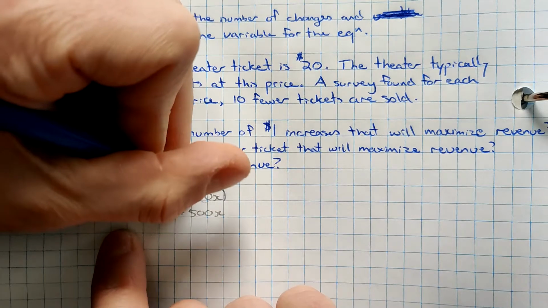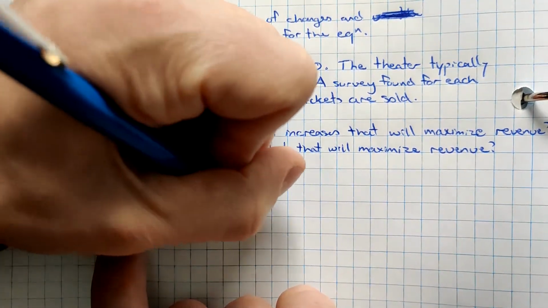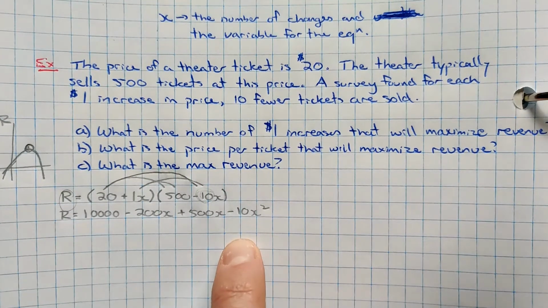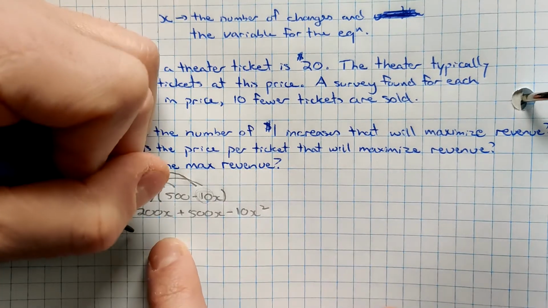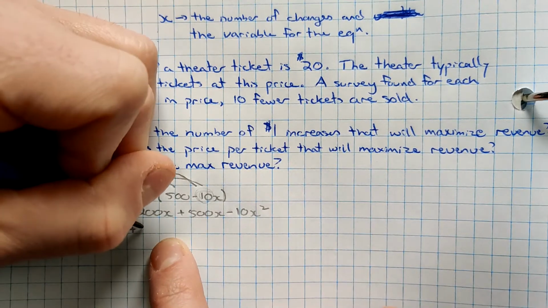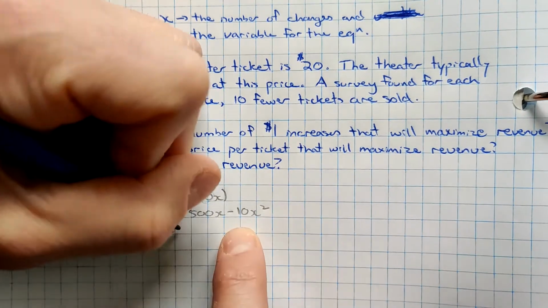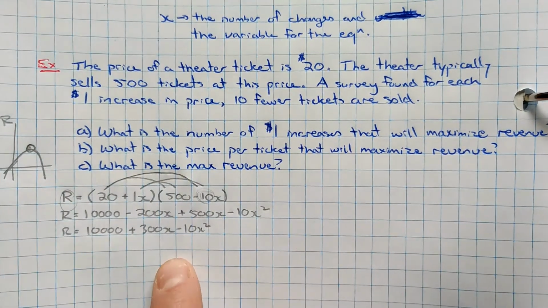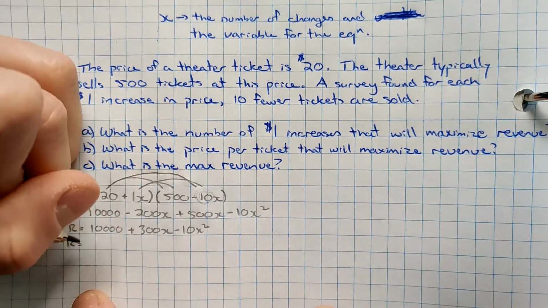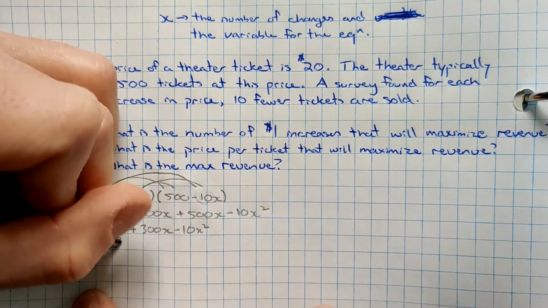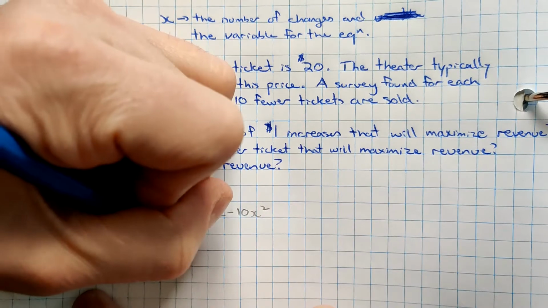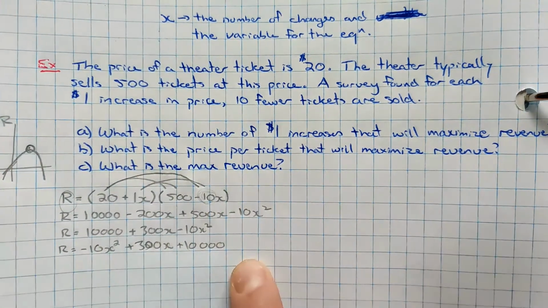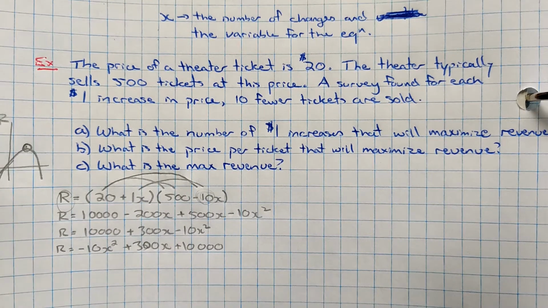And 1x times negative 10x, which is negative 10x squared. We'll simplify that middle term: 10,000 plus 300x minus 10x squared. There's our equation in standard form. And just to help out, we're going to rewrite it in descending order: negative 10x squared plus 300x plus 10,000.